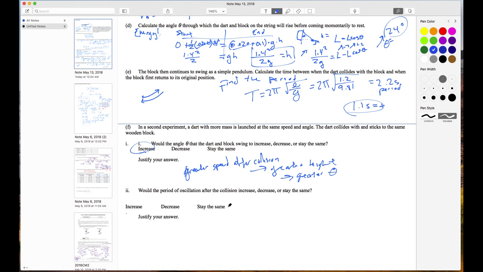Likewise, we want to consider the period of oscillation. Would it increase, decrease, or stay the same? Well, this is sort of a tricky question.